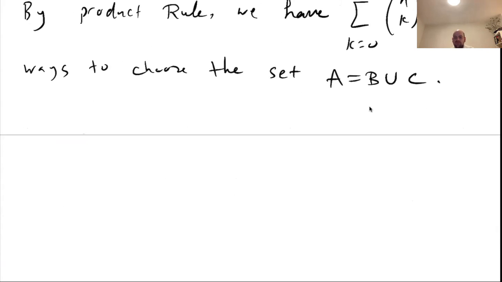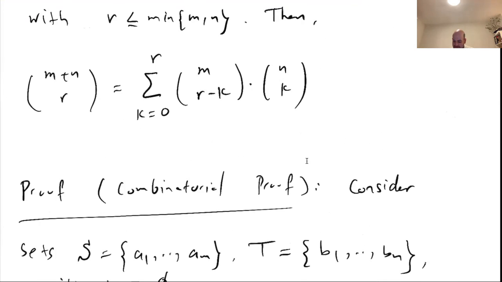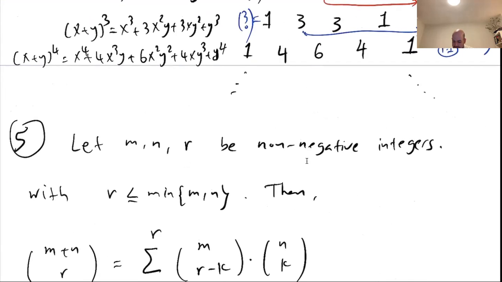Okay, so that's all. This is called Vandermonde identity, by the way. So the name of this identity, I mention it here, Vandermonde identity.